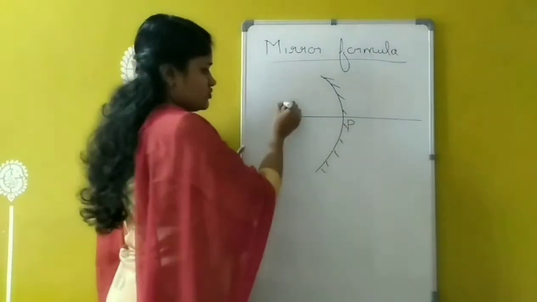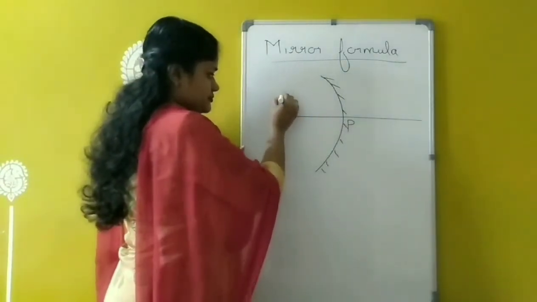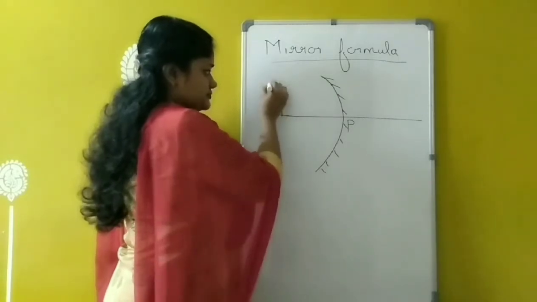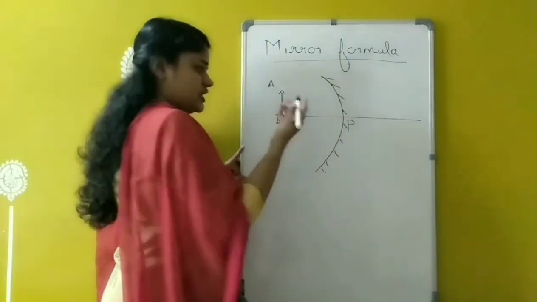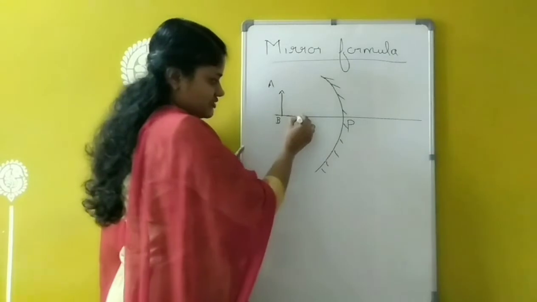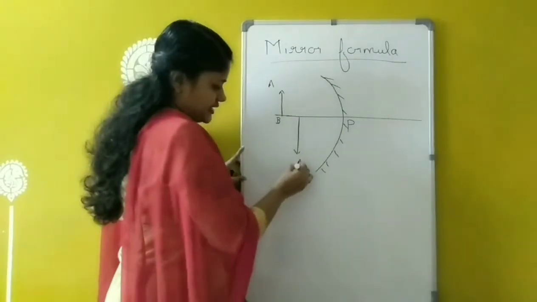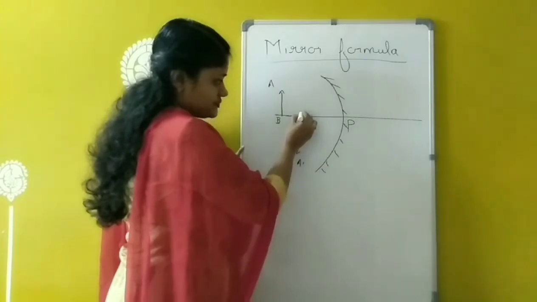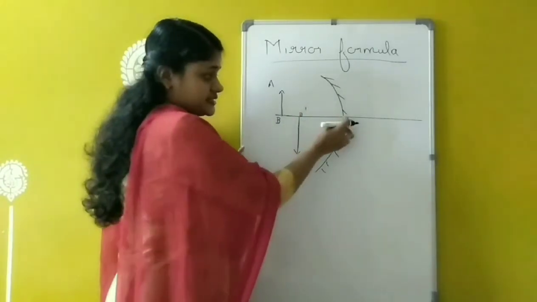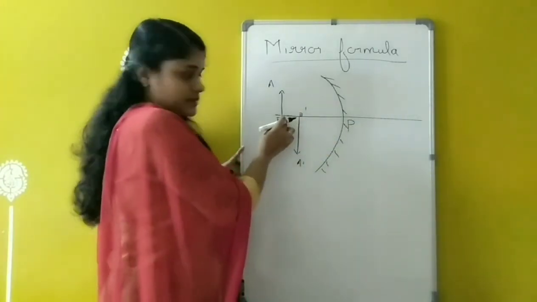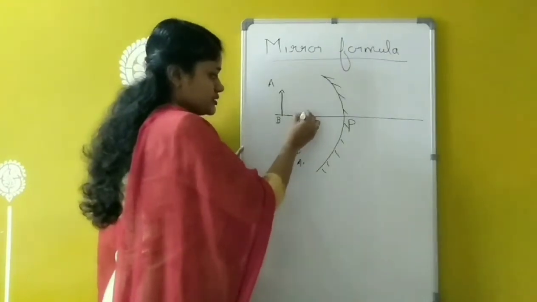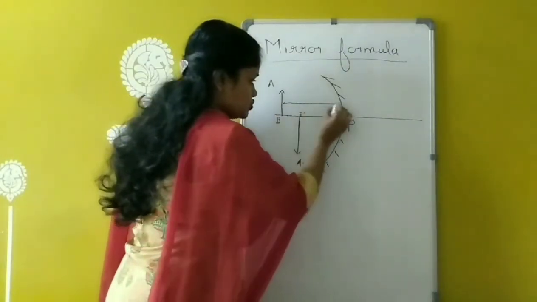And suppose I am keeping one object somewhere here. This is the object, AB. And suppose I am getting the image somewhere here, that is A dash B dash. The distance between the pole and the object is taken as U.